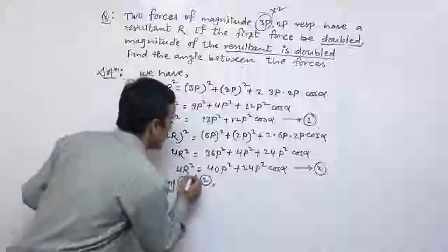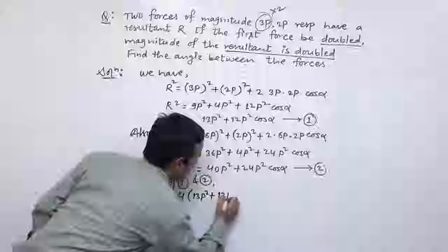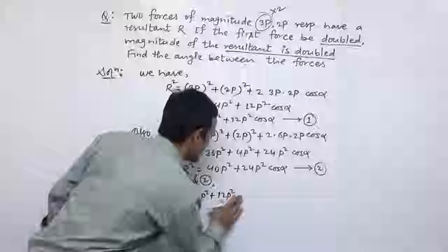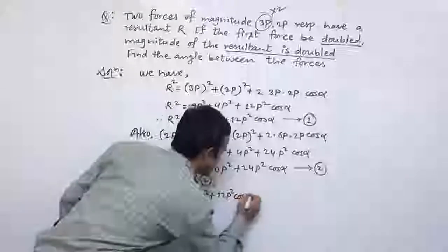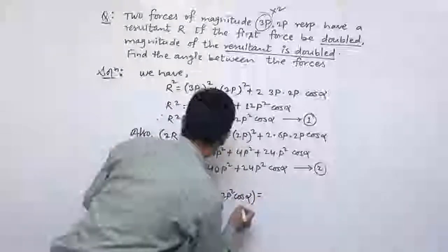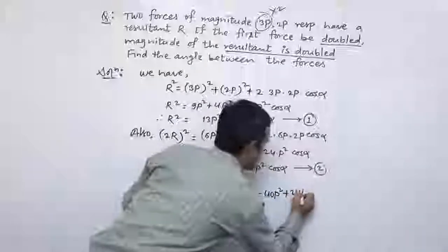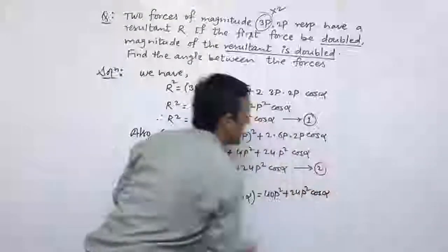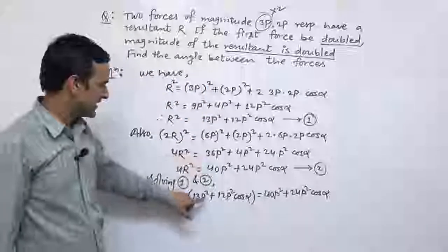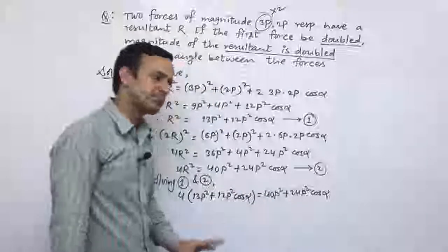So write down the value of R square, 13p square plus 12p square cos alpha, is equal to 40p square plus 24p square cos alpha. In place of R square, I used the above equation 1, 13p square plus 12p square cos alpha, and the other term remains the same.